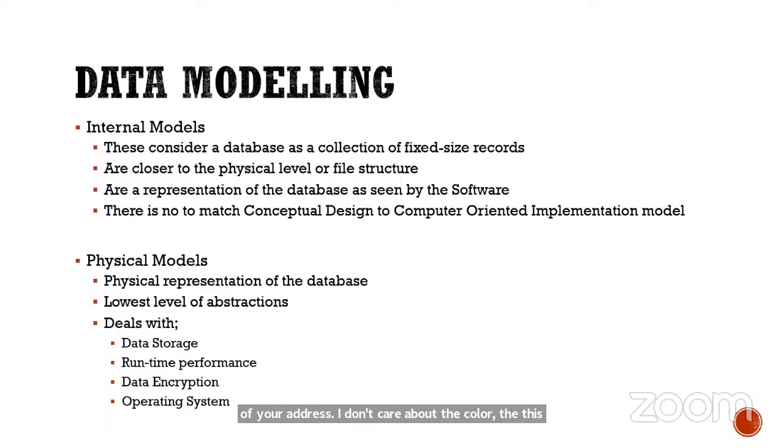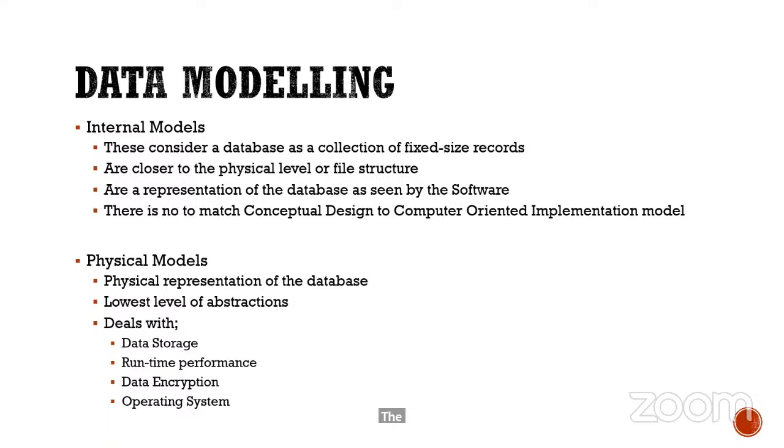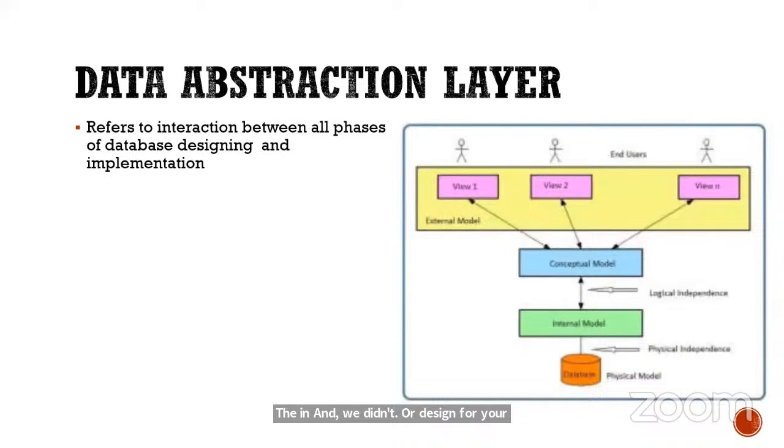You'll be considering the portability of your hard disk. You'll be considering the security infrastructures and the design for your data protection. So those are the things you consider under your physical model.